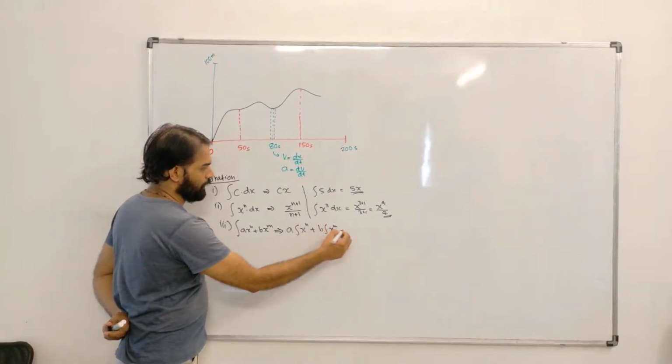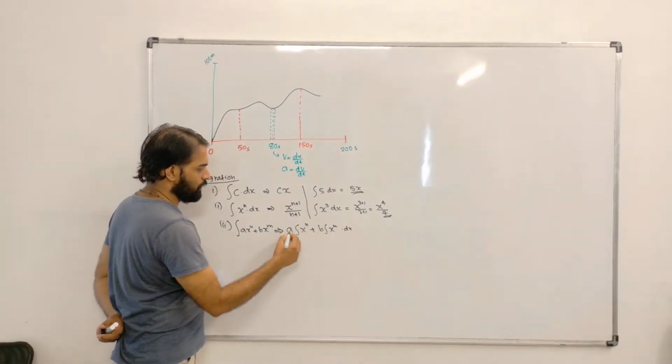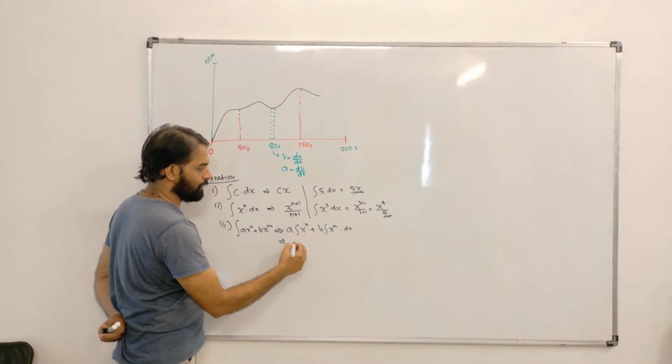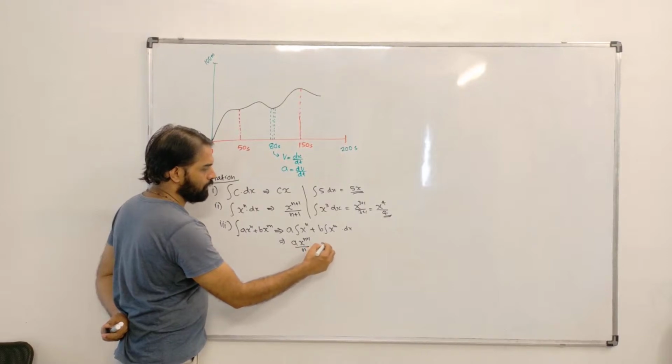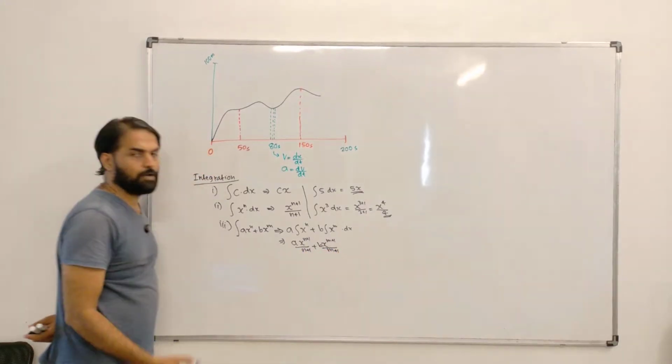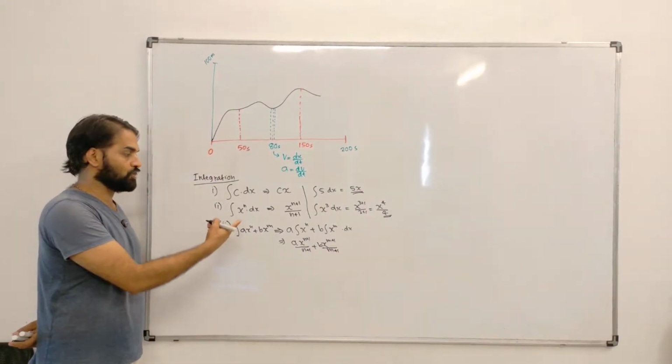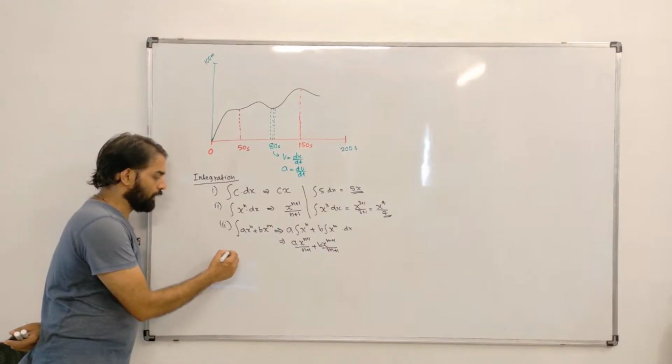The integral of x raised to n is x raised to n plus 1 divided by n plus 1, and x raised to m plus 1 divided by m plus 1. You'll be doing it separately. So this is another rule related to integration.